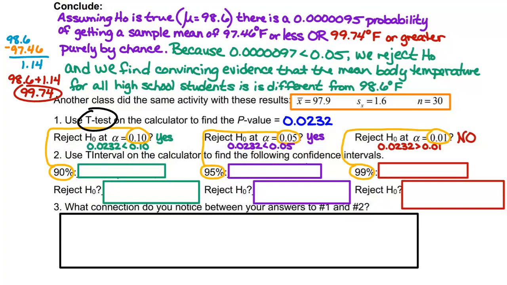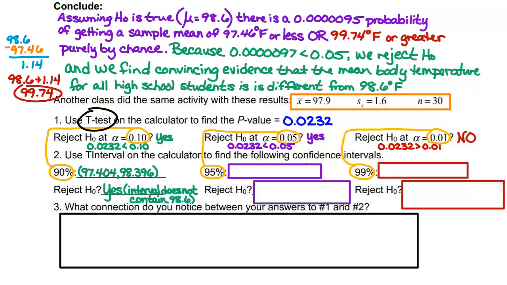Our interval is 97.404 to 98.396. So would we reject or fail to reject? Reject, because why? 98.6 is not in the interval. Yes, 98.6 is not in the interval.